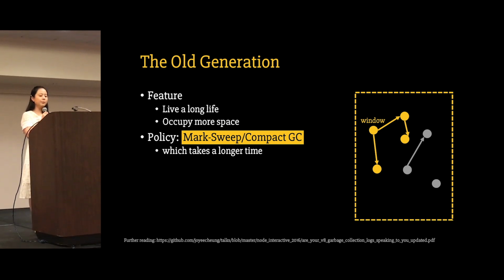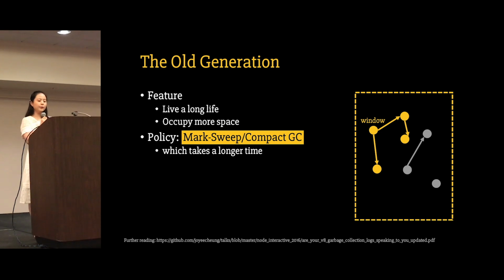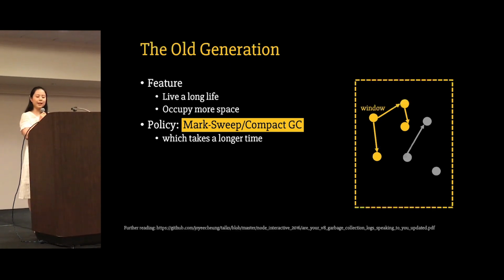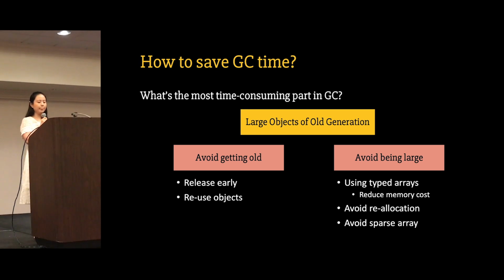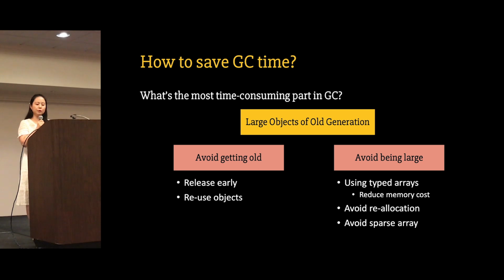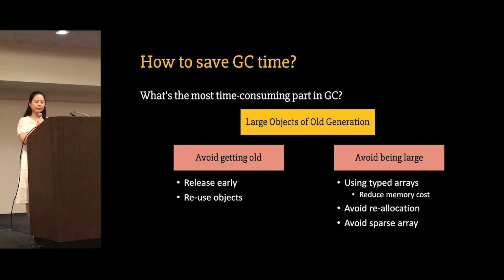So, without the space for speed, GC of the old generation takes a longer time. As a result, the most time-consuming part of GC is with large objects of the old generation. That is, large objects that are not released for a long time.